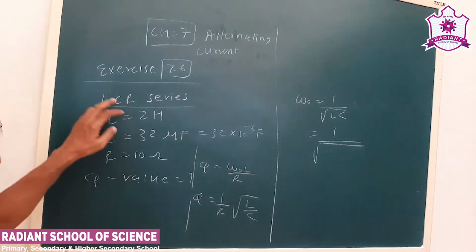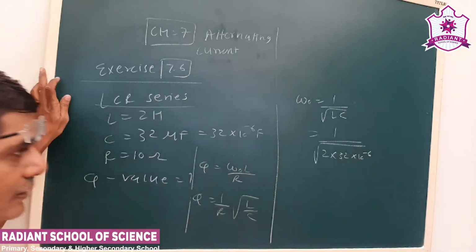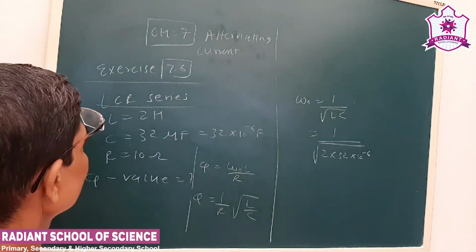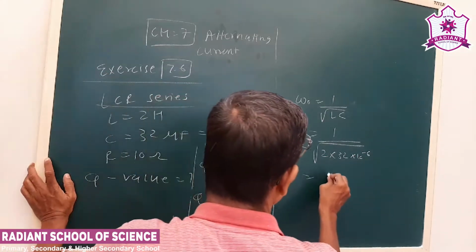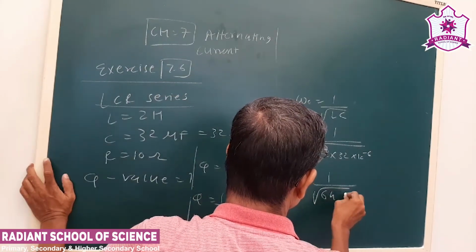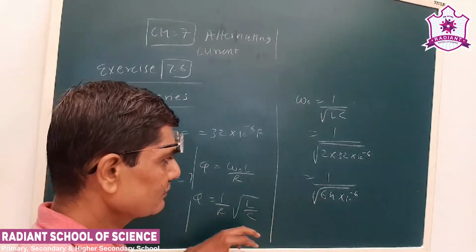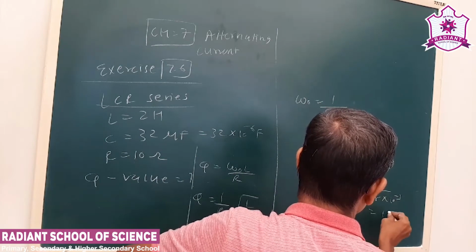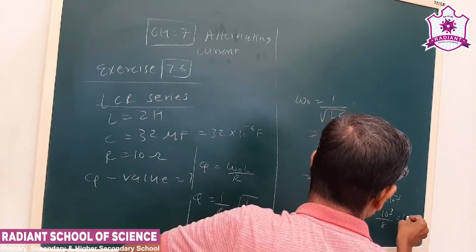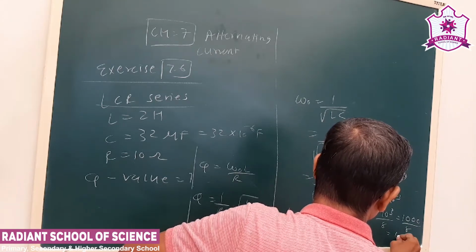L value is 2, and C value is 32 microfarad, so it will be 32 into 10 to the minus 6. So 1 upon root 64 into 10 to the minus 6. Now both are perfect squares. The square root will be 1 by 8 into 10 to the minus 3, so 1000 upon 8 is 125.